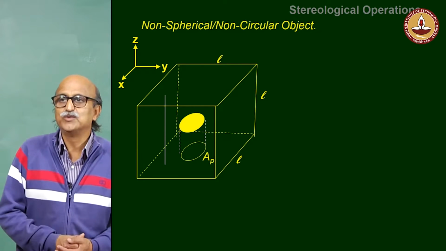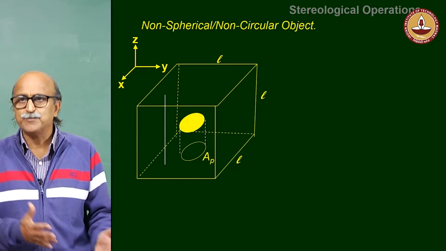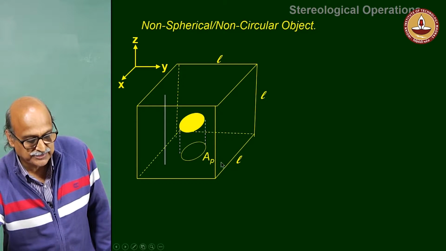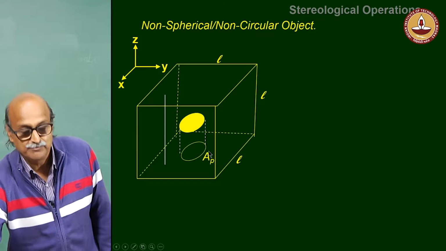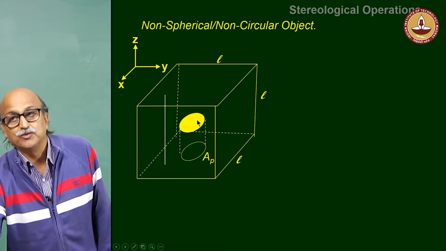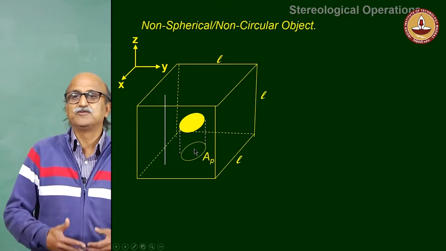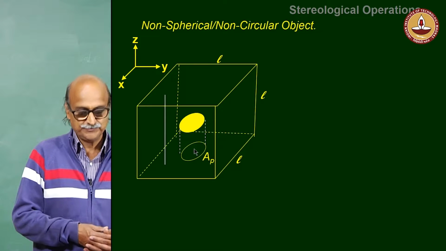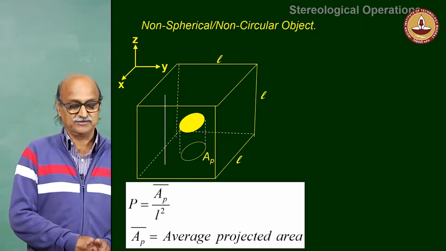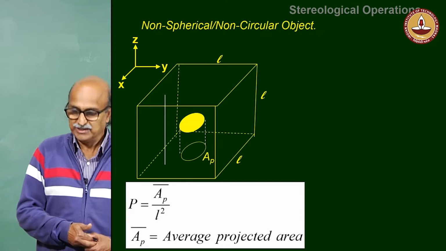Similarly, you have a non-spherical object, and what would be the probability of a line probe cutting this object? Well, now the projected area of this object, which is A sub p here, is going to depend on the orientation of this object. So again we have to come up with an average projected area and obtain the probability as the average projected area divided by L square.